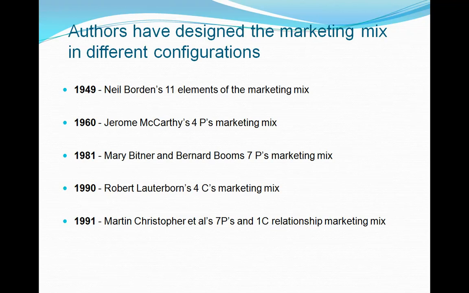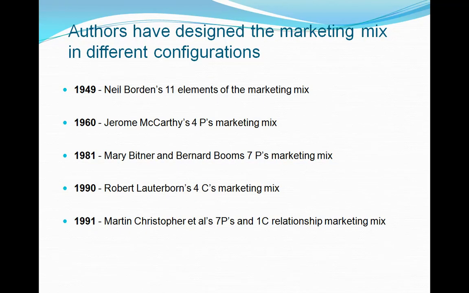Now, if you look at the product versus services marketing mix, there are different ones. For example, Neil Borden has the 11 elements of the marketing mix. McCarthy has the 4Ps, which is the original 4Ps we talked about before. Booms and Bitner have the 7 Ps of marketing.